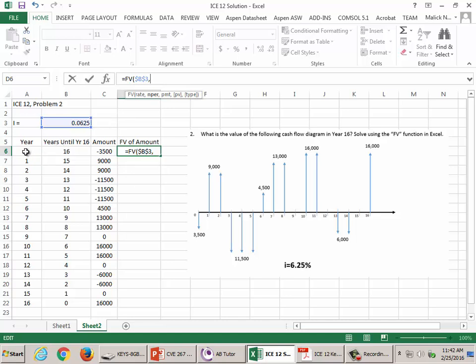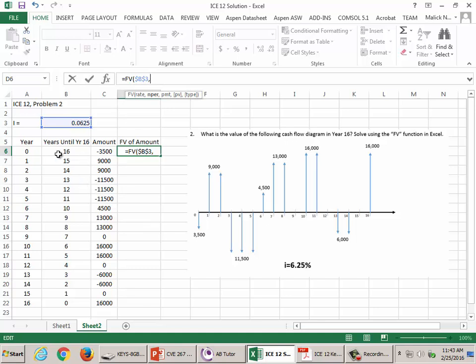Now N, another mistake would be if you just used years. If you clicked on year, it would think that you should move the 3,500 0 years. But if you look at the cash flow diagram, the 3,500 is moving 16 years because it's going from 0 all the way to 16. That's why we have this secondary time column, so that our N is the number of years that the amount has to move, not what year it is in.